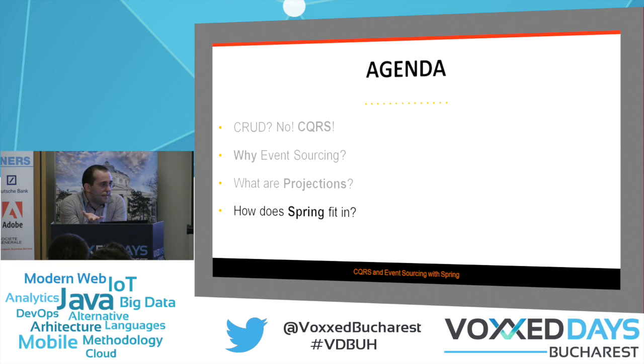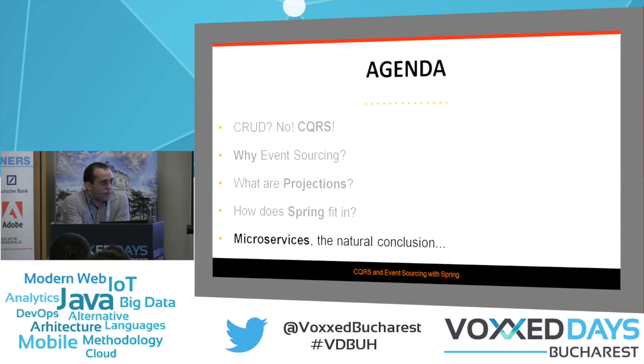And you did need to write that before 4.2. We're also going to talk about the option to have polyglot persistence and what Spring Data brings to the table. Because Spring Data nowadays has support for most major persistence engines. So it's a fantastic way to write your projections.